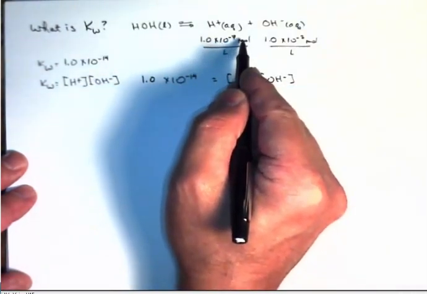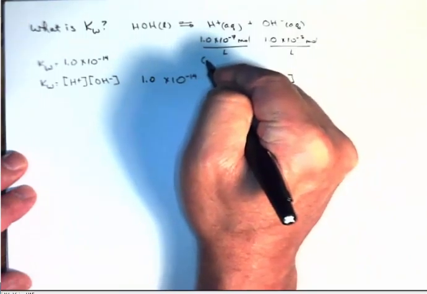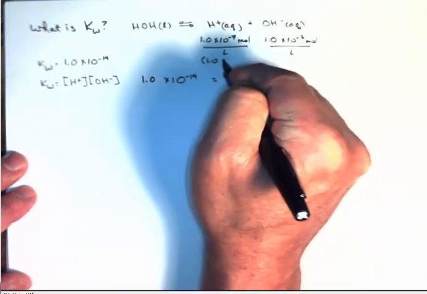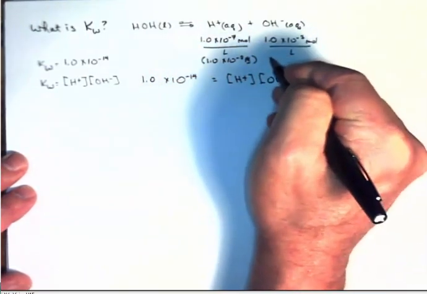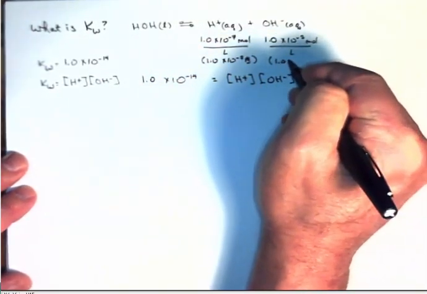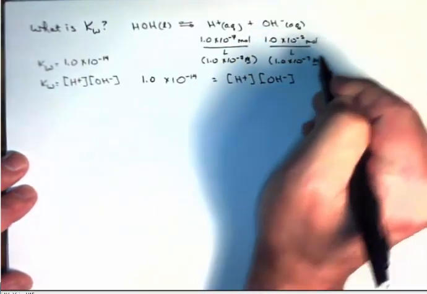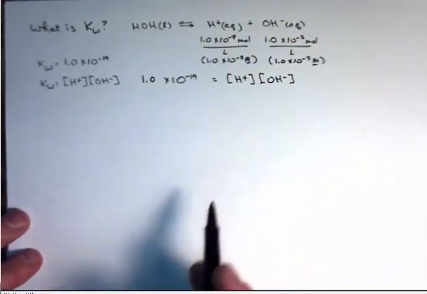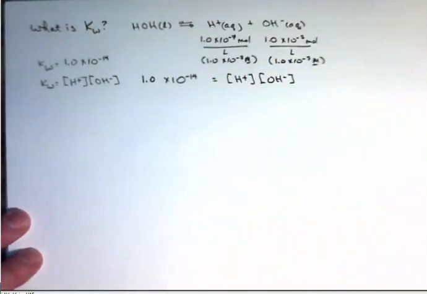Remember, moles per liter is molarity. So this number could also be written 1.0 times 10 to the negative 7 molarity, or molar concentration. And molar concentration times molar concentration is molar concentration squared, right?